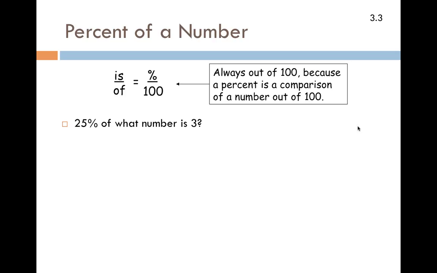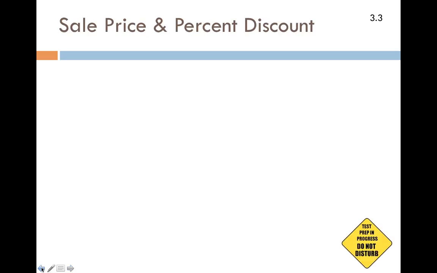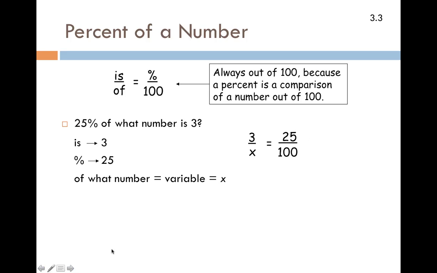Okay, when we finish this one, Julie, then we'll address your assignment one question. Two ways to do this. We got our formula. Three is, 25% is given, of is unknown, because you got that word of what number. We cross multiply. 3 times 100, 300.